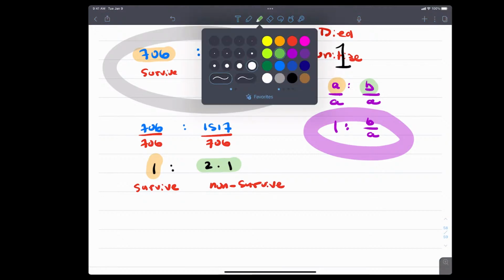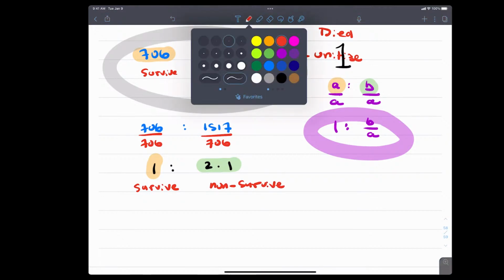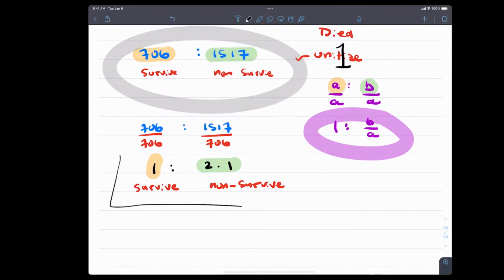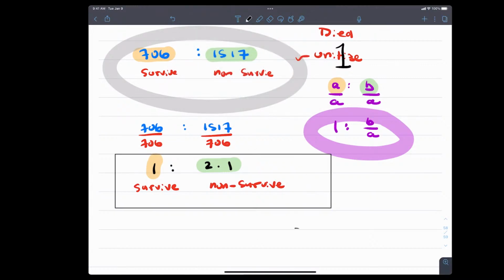Okay? So this unitizing process gives us a good idea about survivability on the Titanic. Does that make sense? There's 1 survivor to every 2.1 non-survivors. This is the odds for surviving on the Titanic. This is where we left off in our notes.